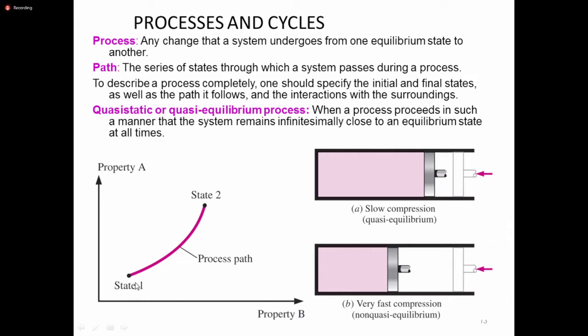So here we are in one equilibrium state, and here we are at the second equilibrium state. When the system goes from one equilibrium state to another, that is from 1 to 2, then a process happens between state point 1 and state point 2.